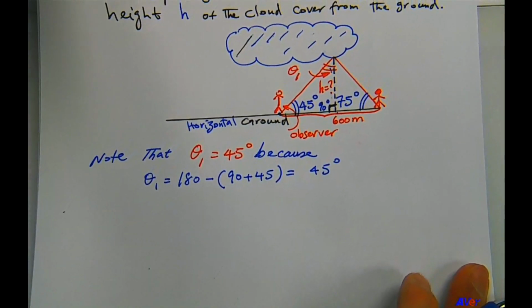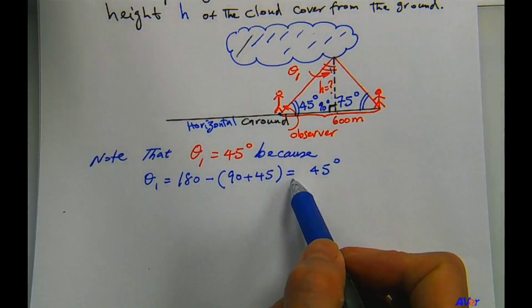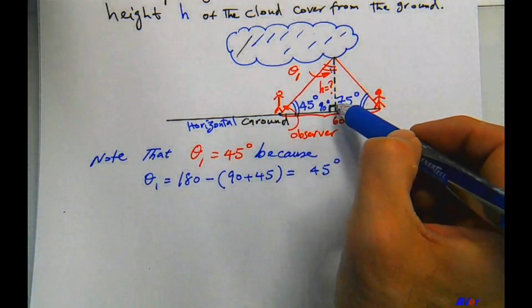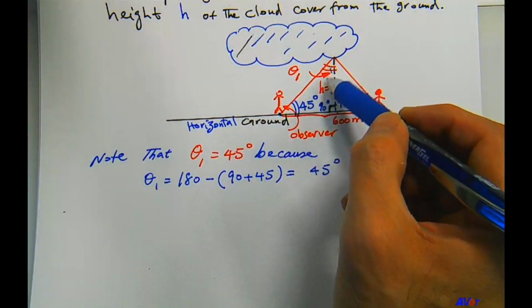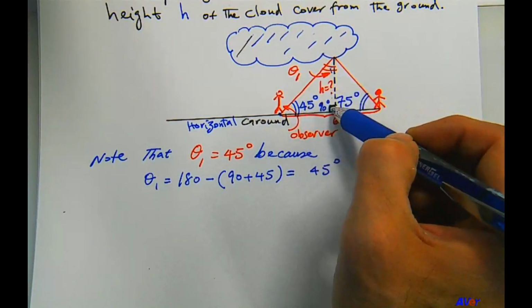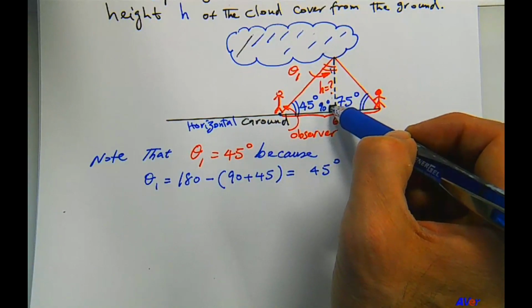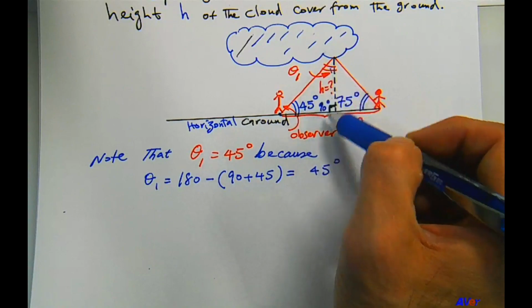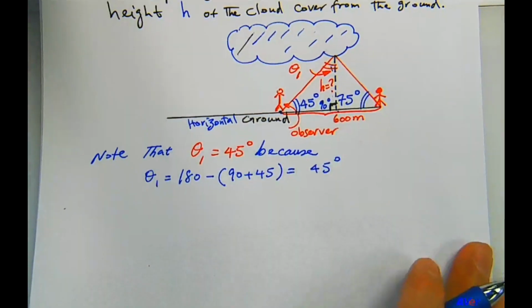This is a very important conclusion or finding, because if you have any triangle that has two 45 degree angles and the other being 90 degrees, then this is an isosceles triangle. So let's write that down.